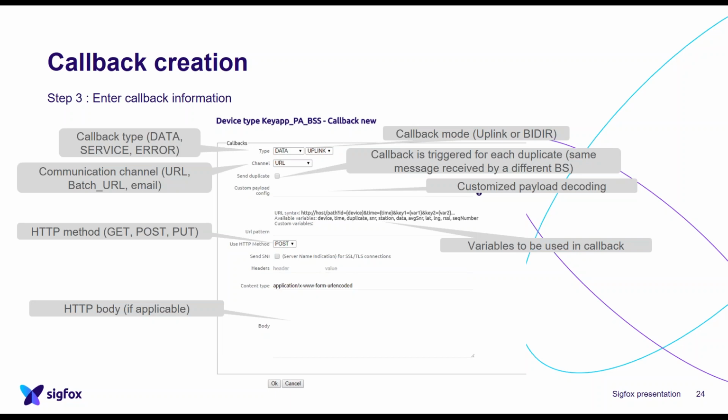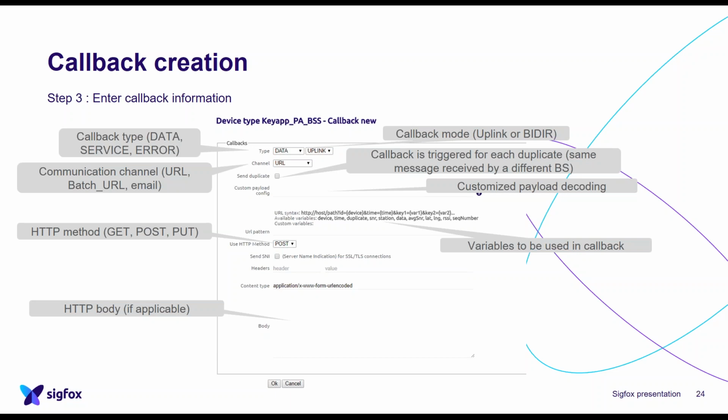But as soon, of course, as you start with the platform, you will have to use either URL or batch URL mode. The difference between the two is that with URL, any new incoming message will trigger the callback, and then the callback will be sent to the address defined in the URL pattern. But in case of batch URL, any new incoming message will also trigger the URL, but the message won't be sent exactly at that time.